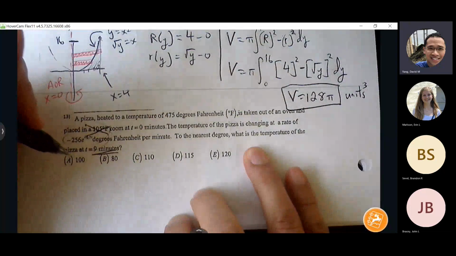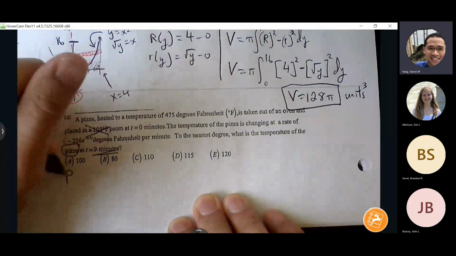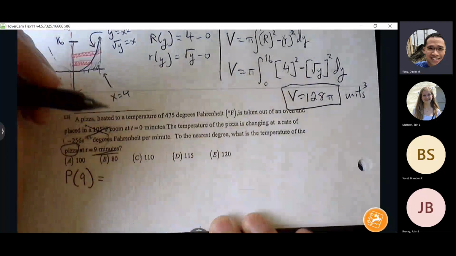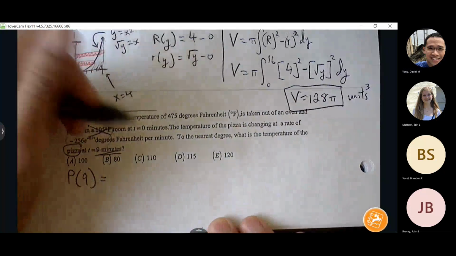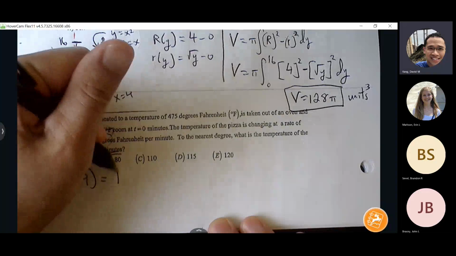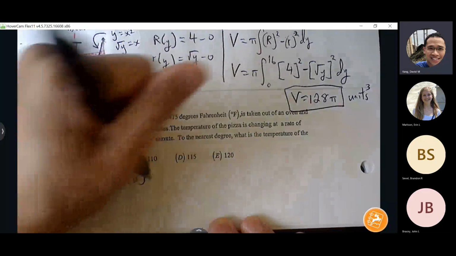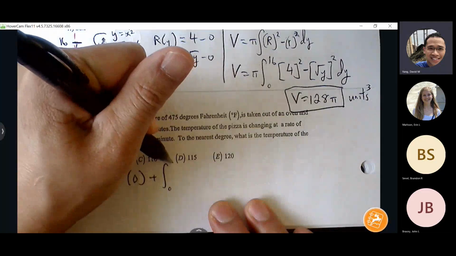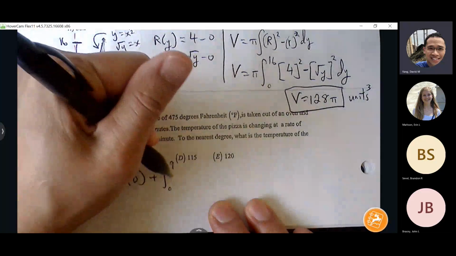So if I want to find the temperature of the pizza, I'm just going to create some variable here, P, representing the pizza temperature. We know the temperature of the pizza at 0 minutes, and then we've got to figure out what change is happening in that 9-minute period.